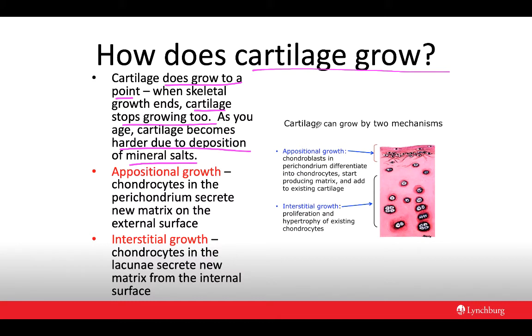So if you're 16 and you injure your cartilage playing basketball, you have a pretty good chance of that cartilage healing and regrowing. If you are 50 and you injure your cartilage playing basketball, it's much less likely that that cartilage is going to grow and regenerate.